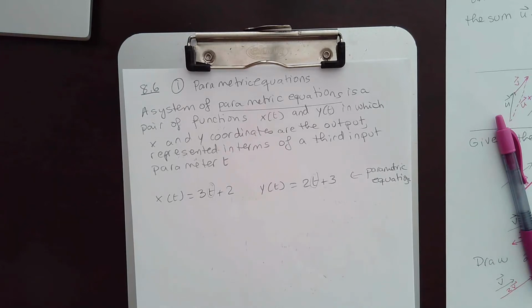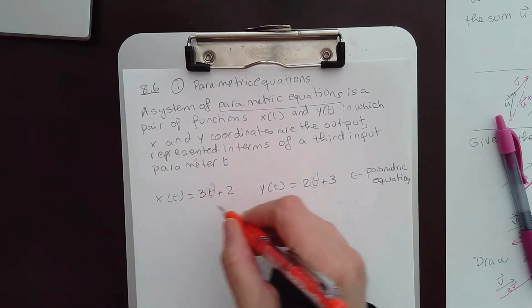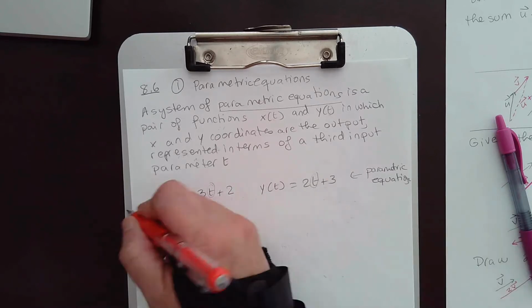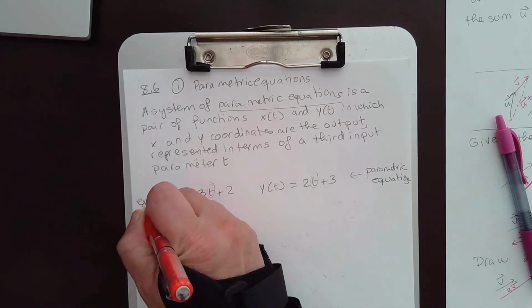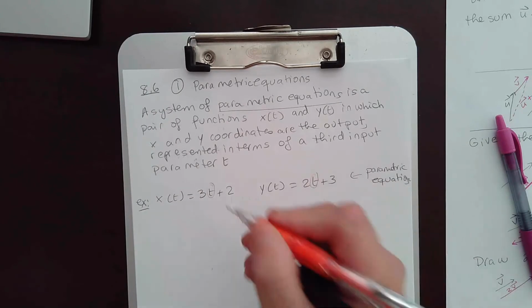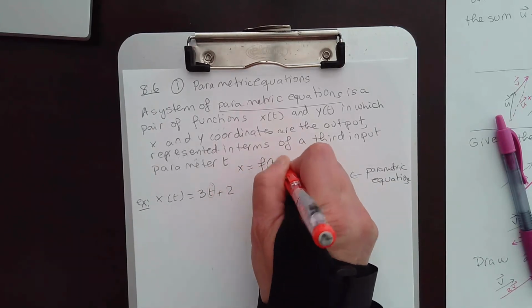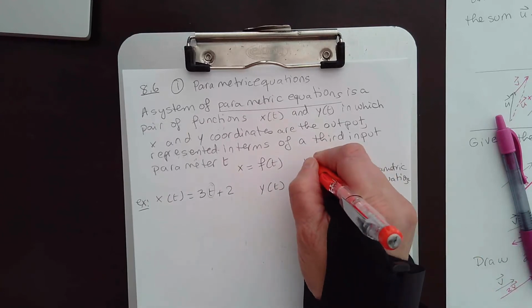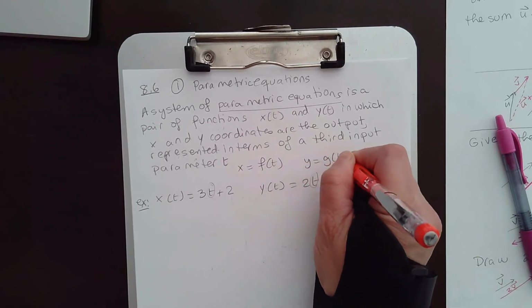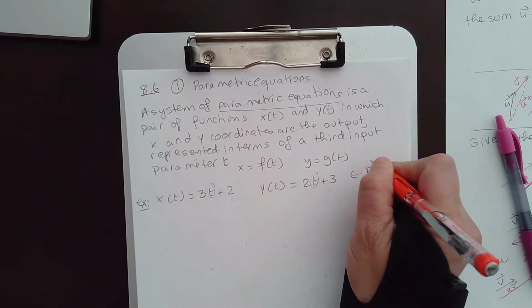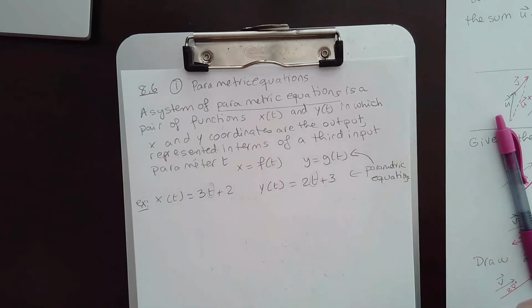Okay, so these are what we call parametric equations. This is just an example. In general, x is a function of t, x equals f(t), and y is a function of t. These are your parametric equations.